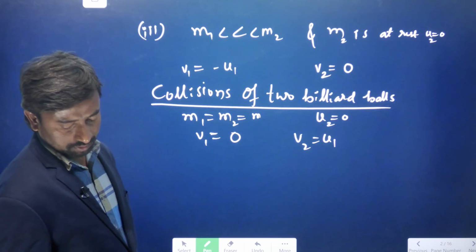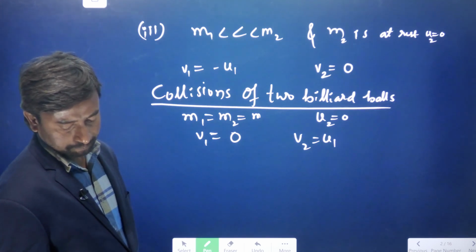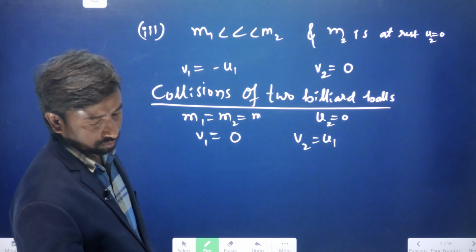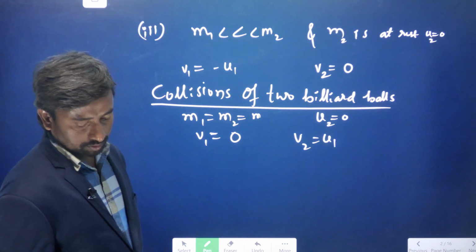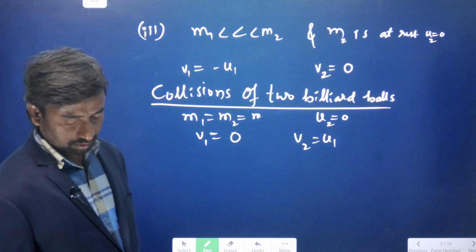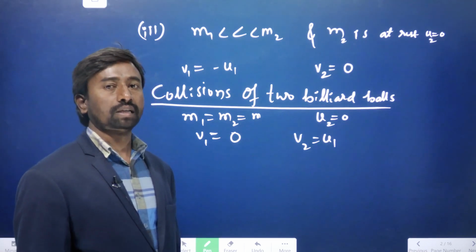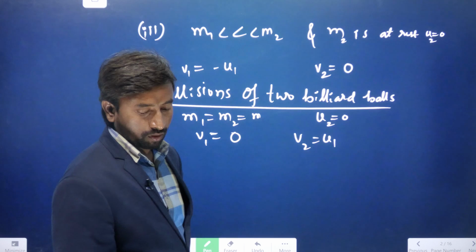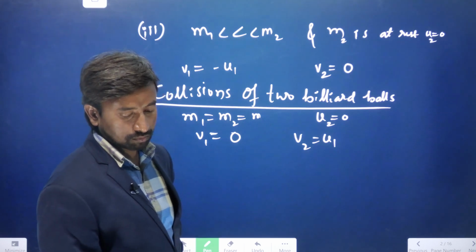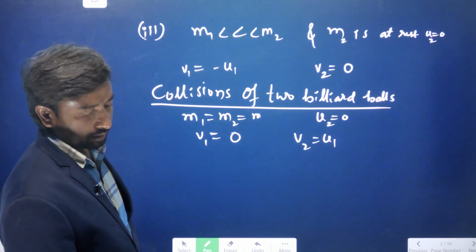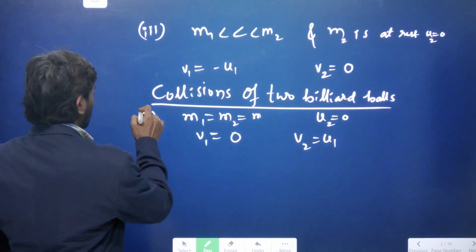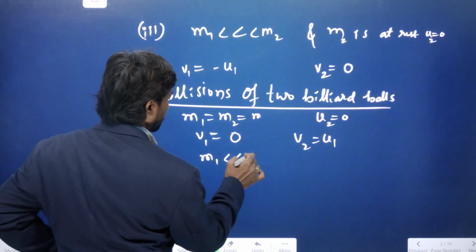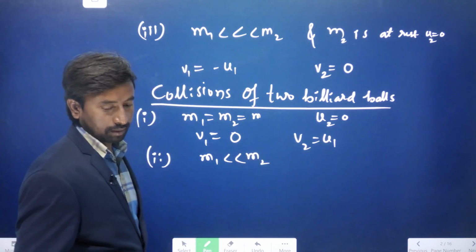The next case: if a light projectile collides with a very heavy target, that means M1 is lesser than M2. In that case we have seen this. The second case: M1 is very much lesser than M2.